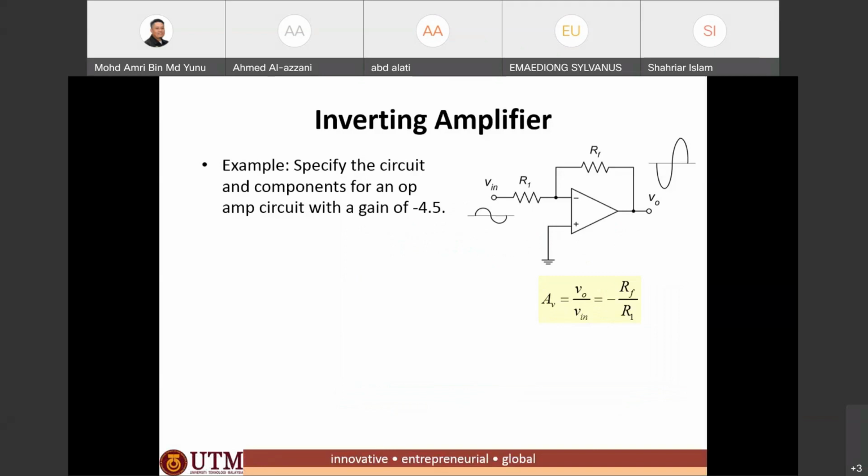This is an inverting amplifier. Specify the circuit and components for an op-amp with a gain of negative 4.5. Meaning that we will try to develop this inverting amplifier by determining suitable values for RF and R1.